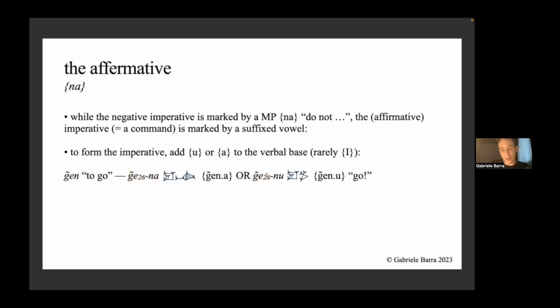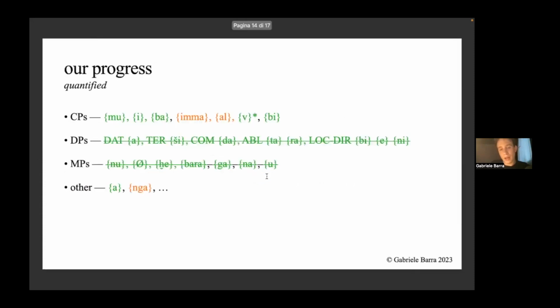Now we're going to see more of that in the next lesson, but take this as a hint, I guess, as an early mention of the imperative. And I think that wraps it up. So this is again our progress. I usually put it at the end of lessons now. We have seen all the dimensional prefixes, all of the modal prefixes.